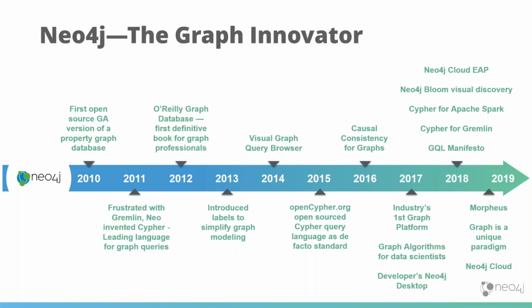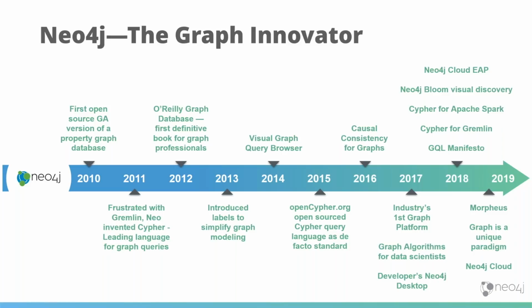But 2018 has been a really busy year. We introduced the industry's first native graph platform towards the end of 2017 at GraphConnect last October. We've introduced the graph algorithms, the Neo4j Desktop that gives developers their own copy of Neo4j Enterprise to build their applications. But then you can see what we've done in 2018.